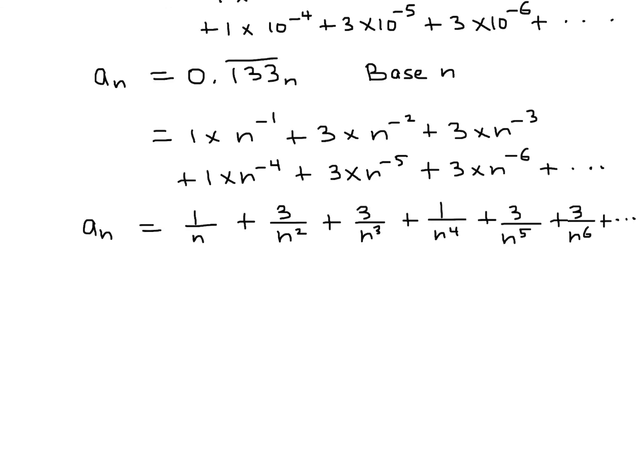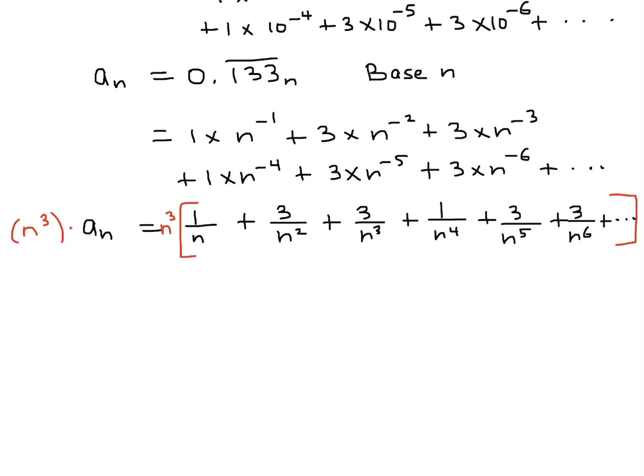Now we have to do a little bit of fancy manipulating, and that's the challenge of this question. I'm going to multiply both sides by n to the power of 3. I'm allowed to do that because if I do the same thing to the right side and the left side, that's perfectly allowable.